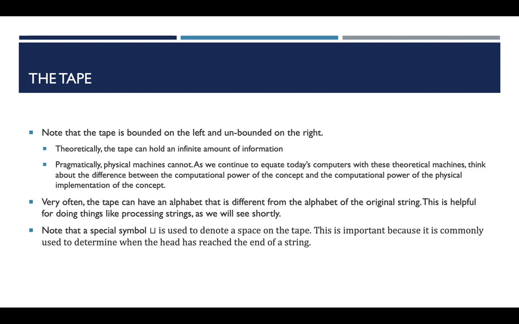Even if the input contains something like a space, if you're trying to process whole strings, there would be a special space that is usually used to denote the end of the input value. This is something similar to the end of file character.